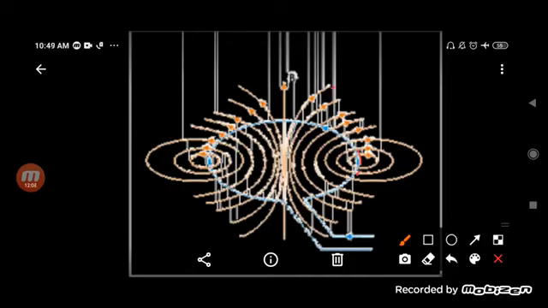This is the movement of the current, and the magnetic field produced is shown here. You can see that very close to the wire it forms a closed circular loop, but as it goes far away, a large loop or large arc is formed.